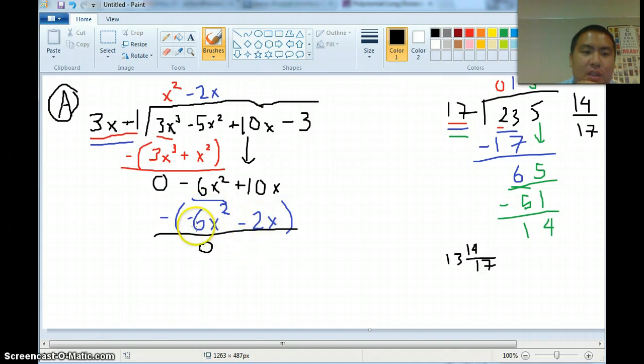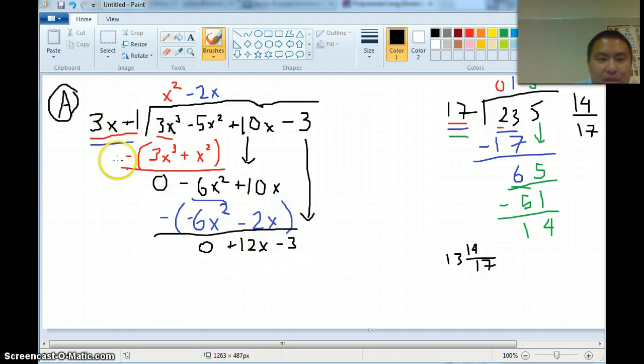Okay, that should be plus 2x then. So positive 12x. Great. And the last thing I'm going to do is bring this one down. Minus 3. Just like how I brought things down in this case, right? Okay, so now I just need to figure out how many times does 3x plus 1 go into this thing. 3x into 12x. That's what I want to do.